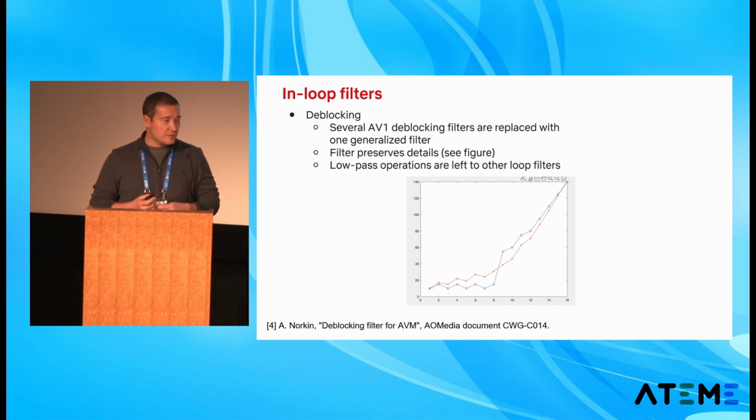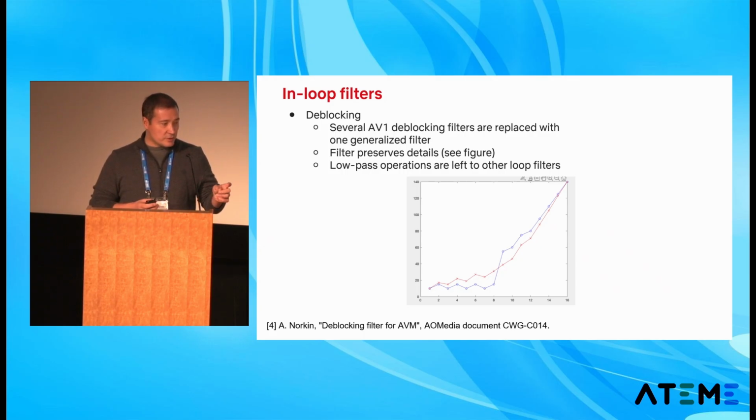I'm going to speak about deblocking just because I have proposed it. Basically, in AV1 there were several deblocking filters for different block sizes and different filtering lengths. They were all replaced with one generalized filter that preserves details.